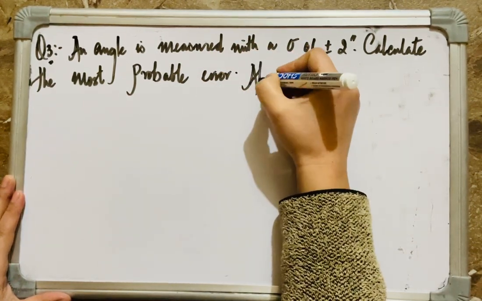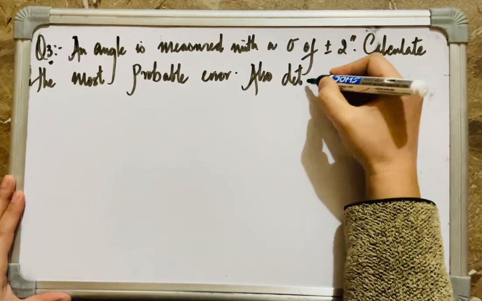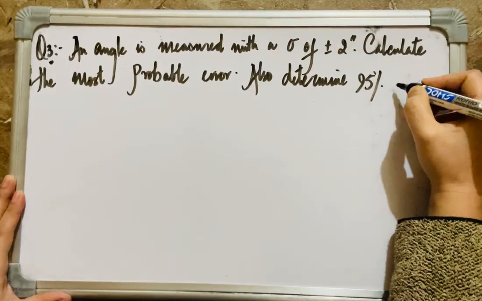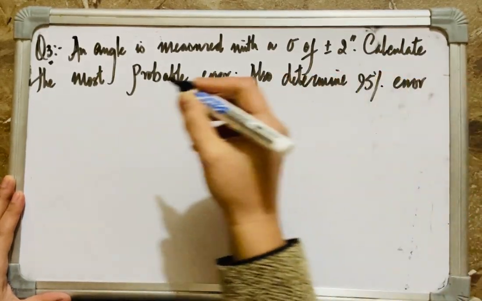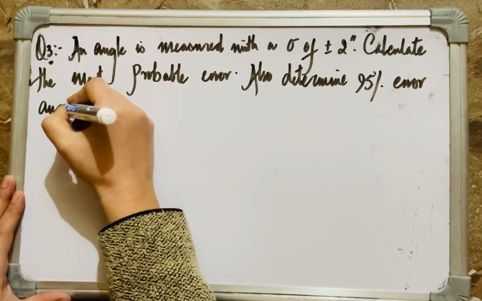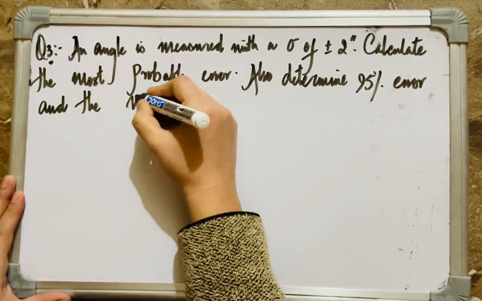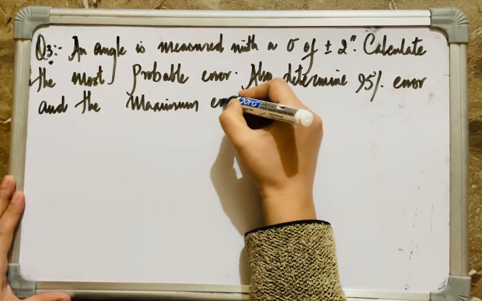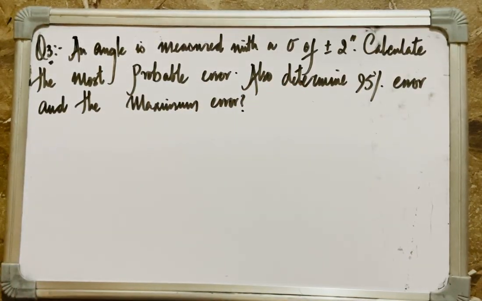Also determine 95% error and the maximum error. So the question is, an angle is measured with a standard deviation of plus minus 2 seconds. Calculate the most probable error, also determine 95% error and the maximum error.